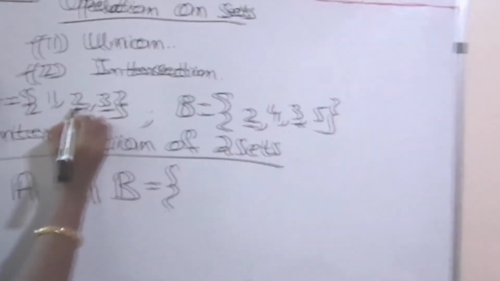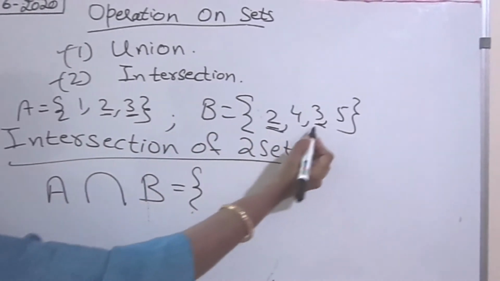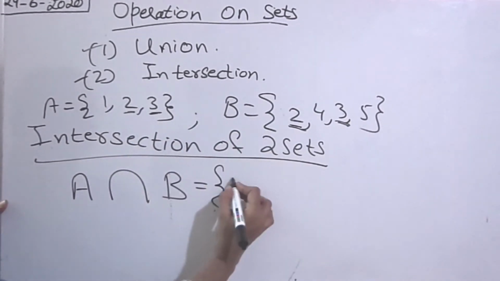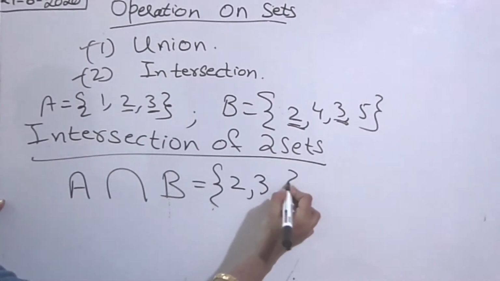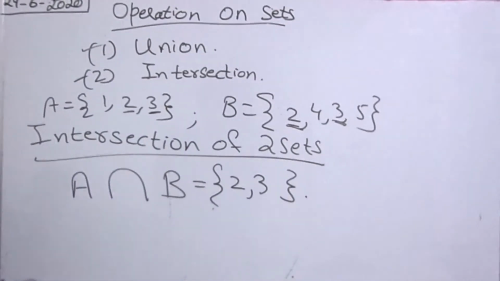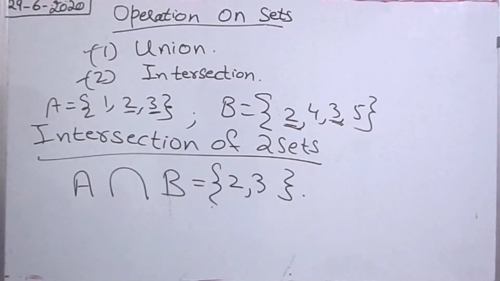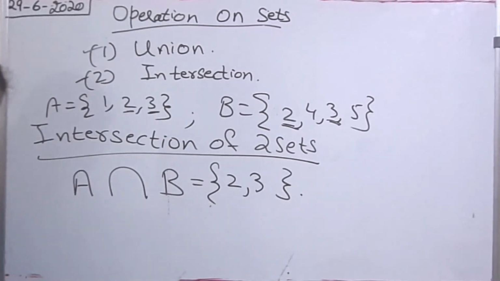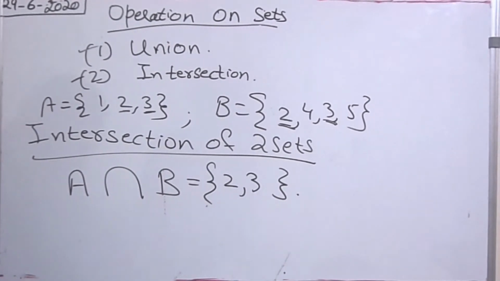What is common in this A and B? 2, 3. Only 2 and 3 are common. So you can write {2, 3}. A intersection B is {2, 3}. So only common elements come in the intersection set.